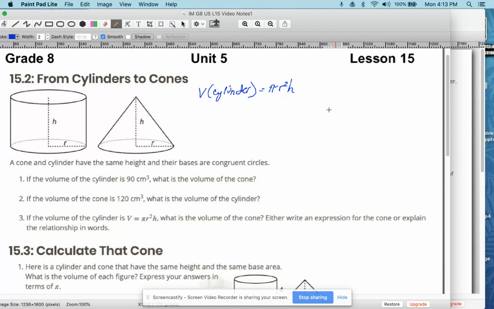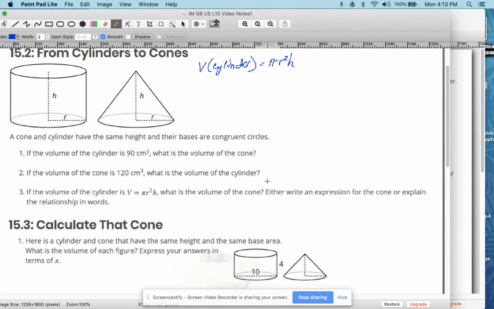I'm in the second part of your lesson called From Cylinders to Cones. It says that we have a cone and a cylinder that have, again, the same height and their bases are congruent. That means they are the same radius, same diameter. They're asking us if the volume of the cylinder is 90 cubic centimeters, what would be the volume of the cone? Well, we saw that the volume of the cylinder was 3 times the volume of the cone.